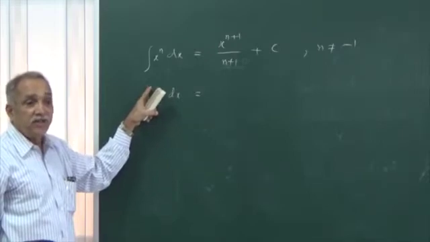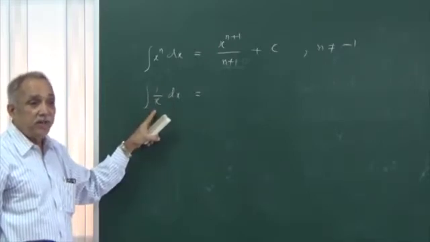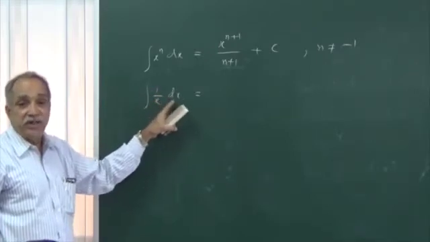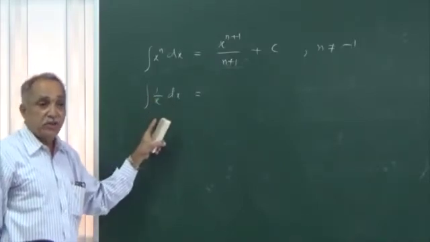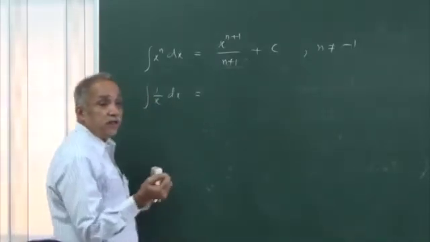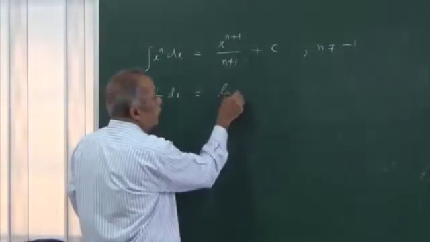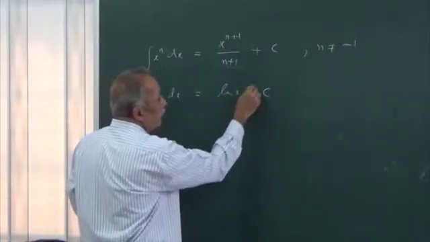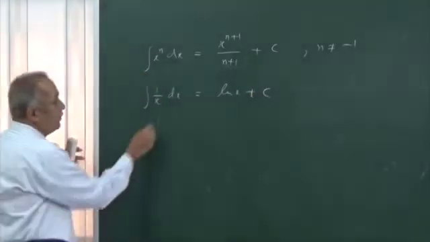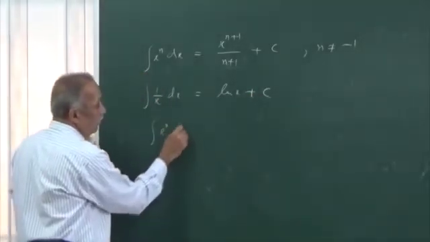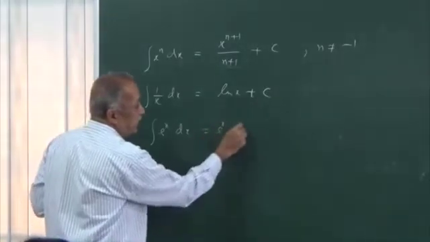No fault in writing this as dx by x. We may write it. No need to write it as 1 by x dx. We may write it as dx by x also. Okay. Which function, when differentiated, gives 1 by x? Very simple.